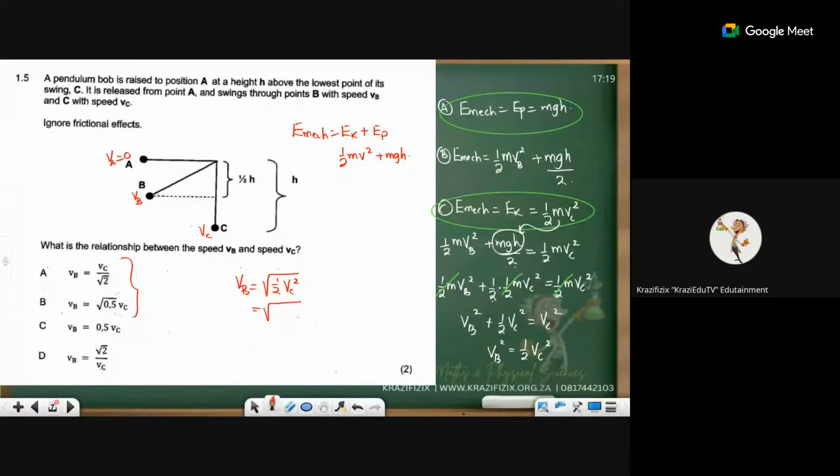VC, so I can put that outside. And I have root 1 over 2, which is 1 over root 2, VC, which is the same as, look at it from here, what is half? 0.5, right?